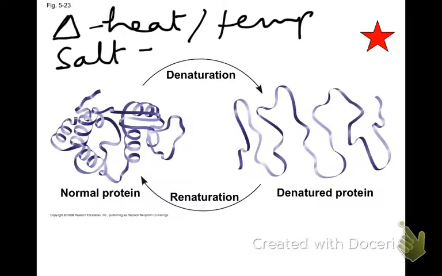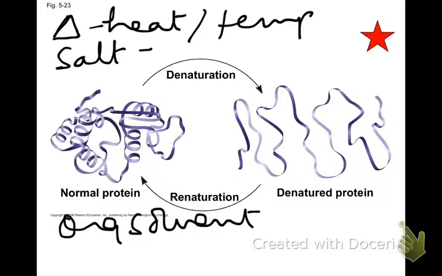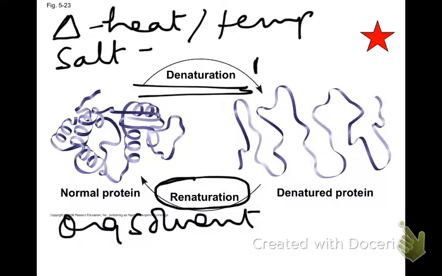Salt content can cause it, or if you have some amount of organic solvents, that can change it. Now, sometimes some structure can be renatured back. Some are permanent, like heat mostly causes permanent damage to the protein structure.